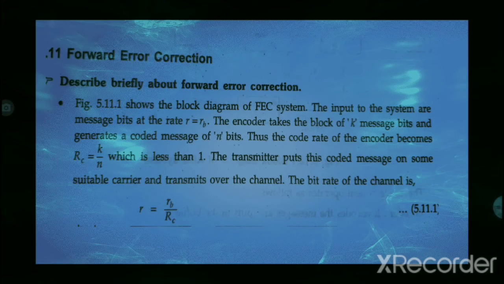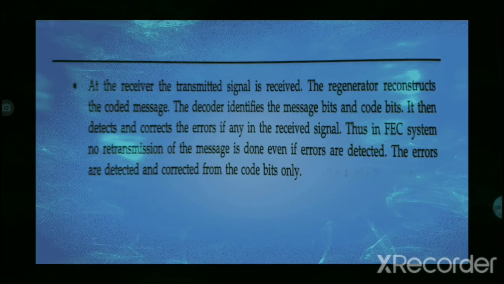Thus the code rate of the encoder becomes RC equal to K divided by N, which is less than 1. The transmitter puts this coded message on some suitable carrier and transmitted over the channel. The bit rate of the channel is R equal to RB divided by RC.